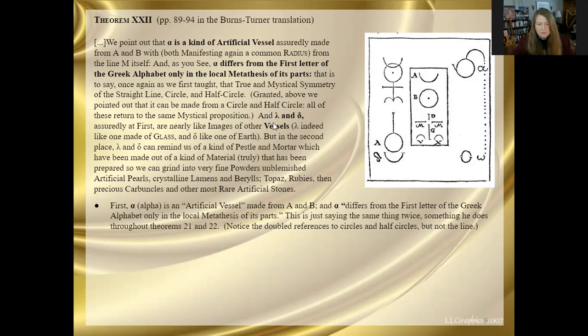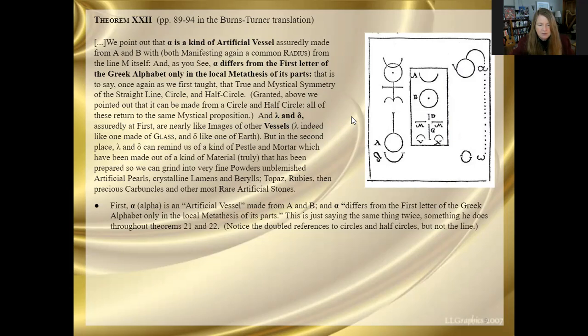Okay, and lambda and delta. All right, this weird little thing here is his delta. There's a lambda. Lambda and delta assuredly at first are nearly like images of other vessels, lambda indeed like one made of glass and delta like one made of earth.